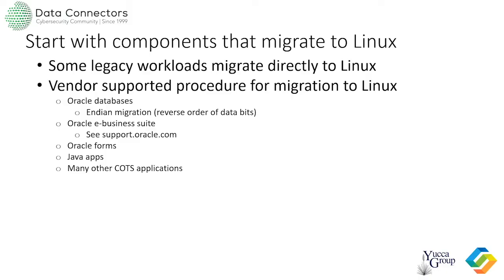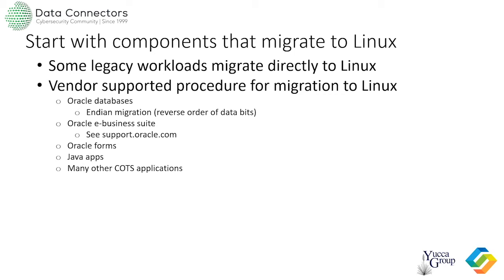So first of all, we start with the components that we can migrate to Linux. And just because our background is in Oracle, we make reference to those. So you can do things like Oracle databases, for example. You may have to do an endian migration from big-endian legacy systems to little-endian Linux systems, but there is a vendor-supported path for that.